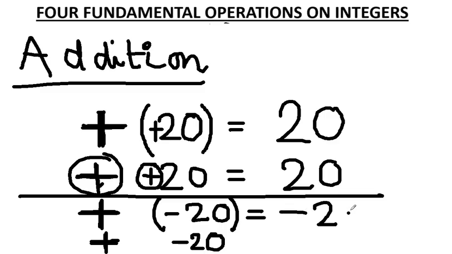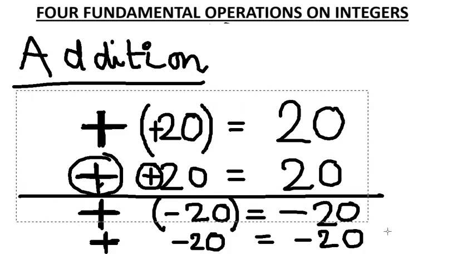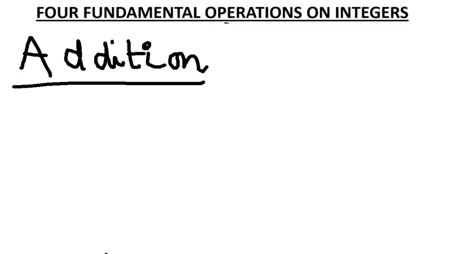So negative 20 remains as negative 20. When the operation is plus, the sign doesn't change. Everything remains very normal. It doesn't change any value of the number. The values remain the same. So following this rule that when there is addition, nothing changes, we are going to do a few sums.